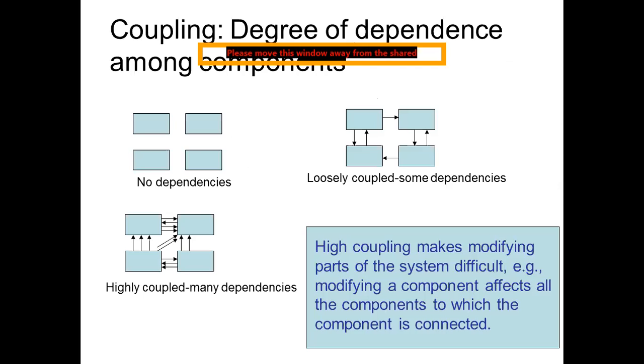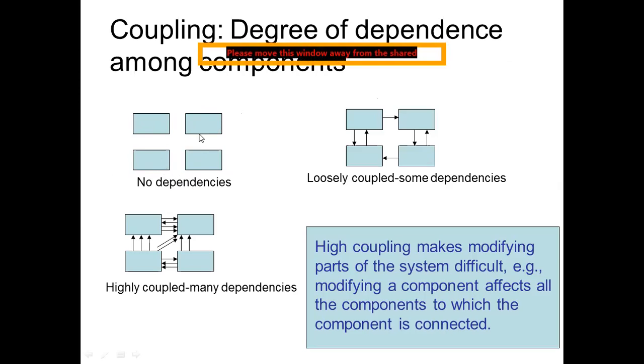Now we will start to understand what coupling is. Here you can see degree of dependence among components. Now come to this side. Here, this is a module, and it consists of a number of components.